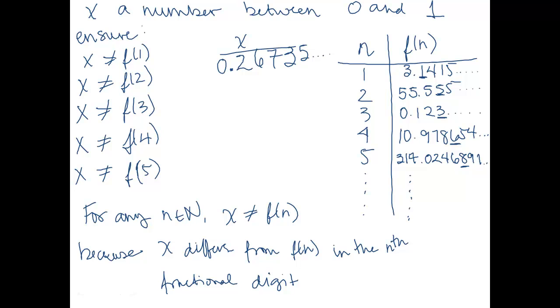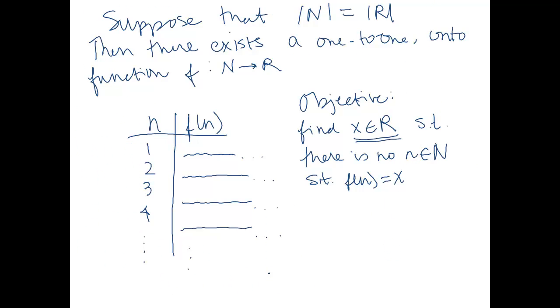That's pretty awesome. What do we have here? We have an x in the real numbers that is not mapped to by any natural number. And if we remember, that's our objective. We needed to find this x, and we have.